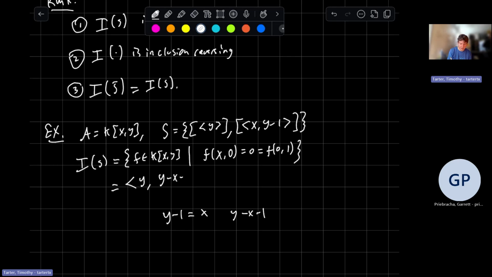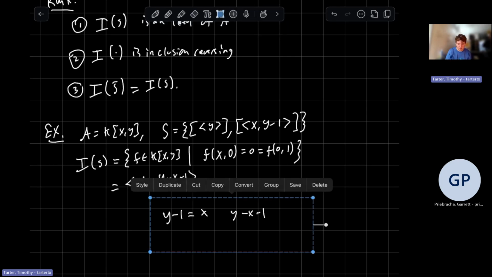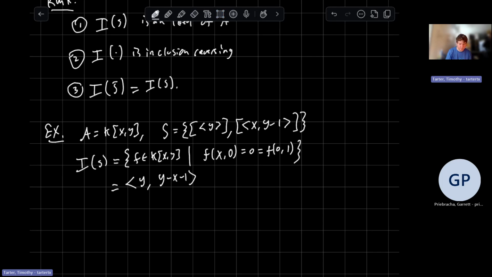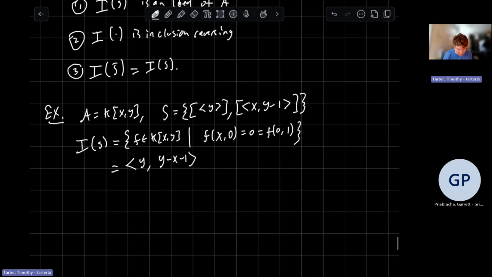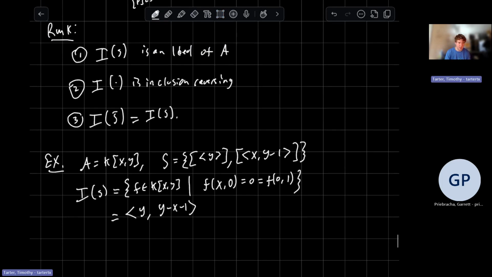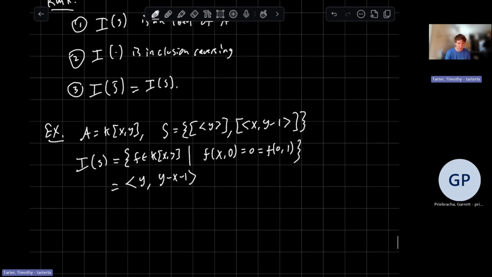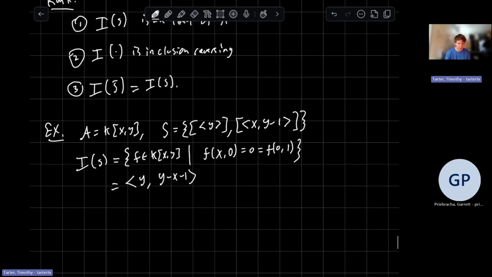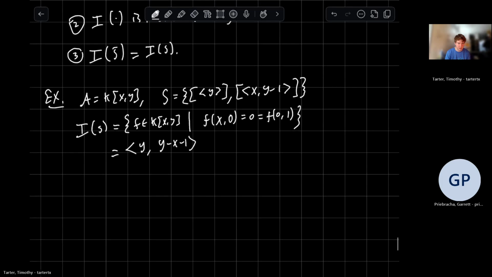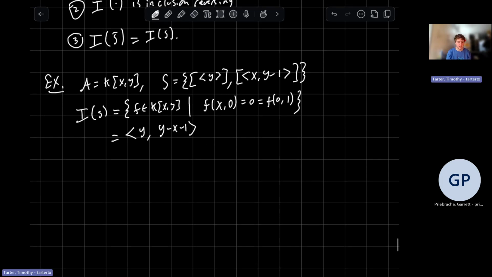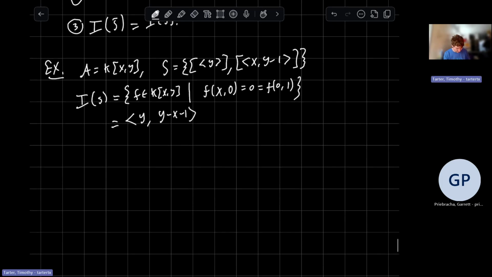So y and y minus x minus 1 generate the ideal, because that's linear. And if we really wanted to, we could compute a Gröbner basis for this, but I don't think we need to.